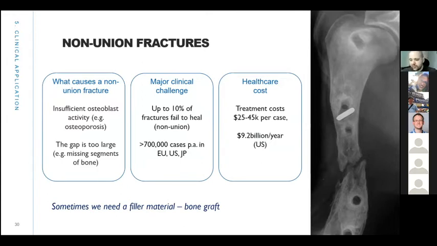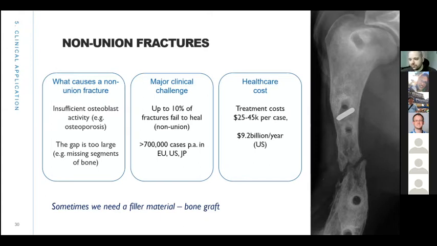But for 90% of people, when they break a bone, it will heal perfectly well, just given a bit of time and support. But in about 10% of cases, it might be more difficult, and the fracture will not necessarily heal on its own. Or it might be the case that certain fractures are too large to heal on their own.